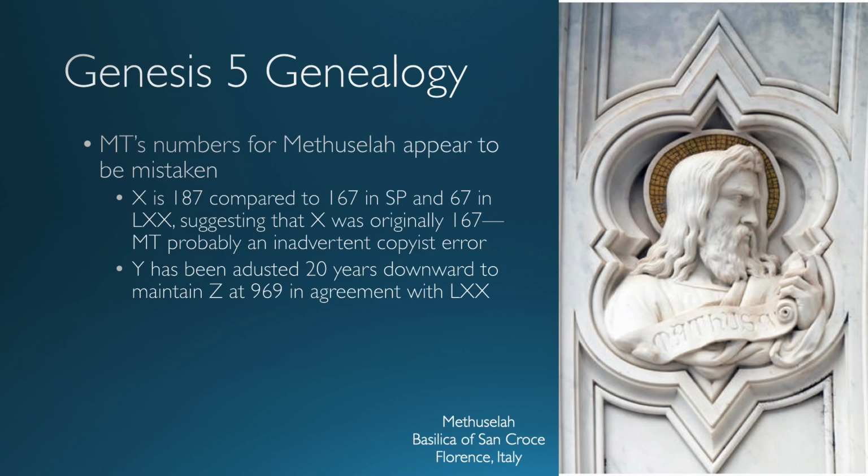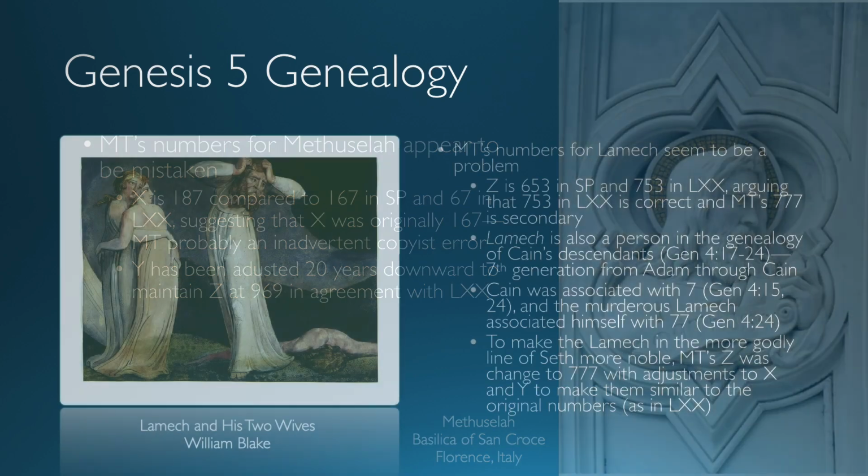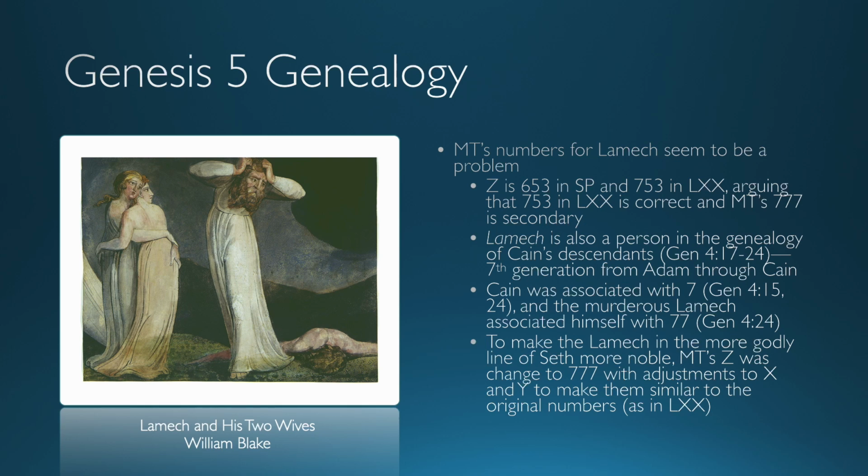Made the wrong correction. Somebody made a mistake, and he corrected their arithmetic, but by correcting the wrong number. I think that's what's going on with Methuselah, which means he didn't die in the year of the flood. After all, he died 20 years before the flood happened, if you can add those up.